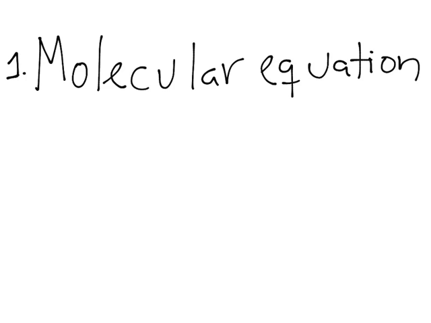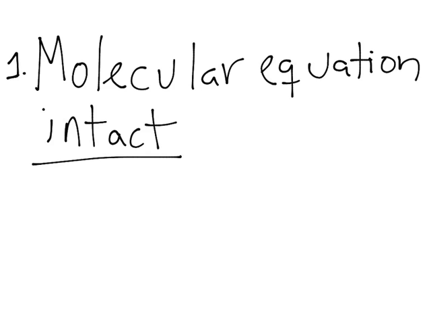The molecular equation shows the full formula. It shows the reactants and the products as they appear in nature, so you could say it's an intact form. It usually undergoes a reaction like this.